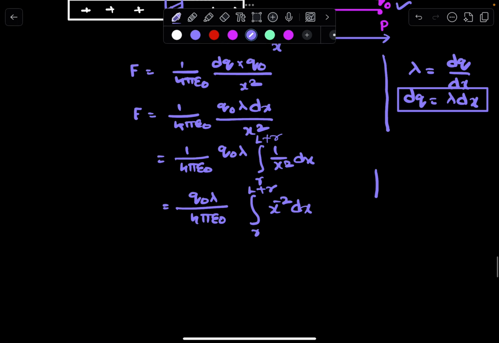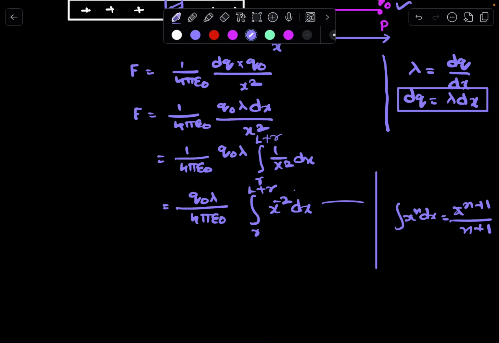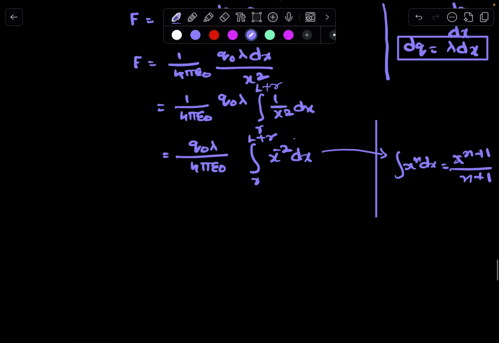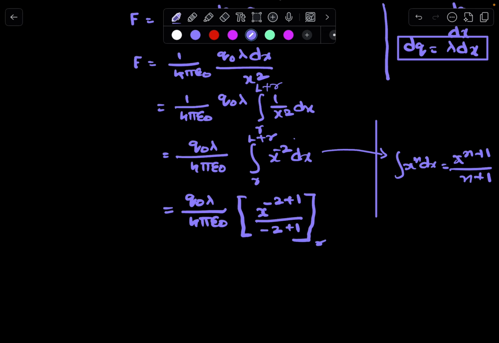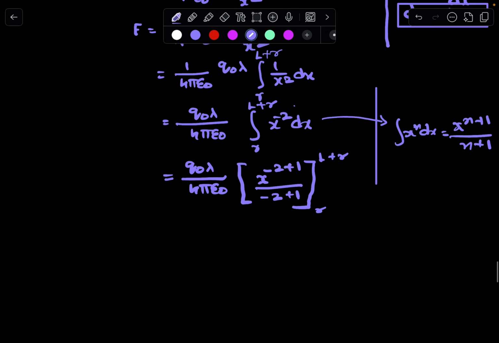As we know, integral x power n dx is equal to x power n plus 1 by n plus 1. Am I right? So the expression will follow the same formula. Let's see. So q naught lambda by 4 pi epsilon naught into x power minus 2 plus 1 by minus 2 plus 1, which varies from r to L plus r.